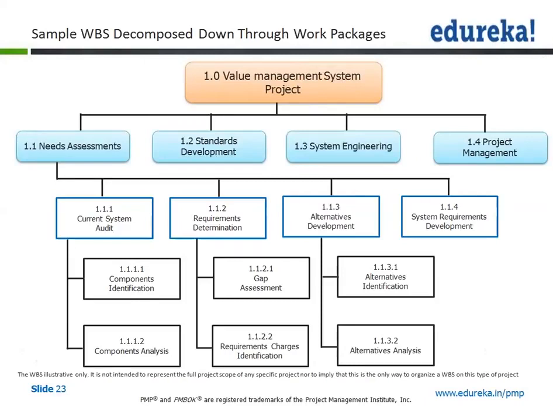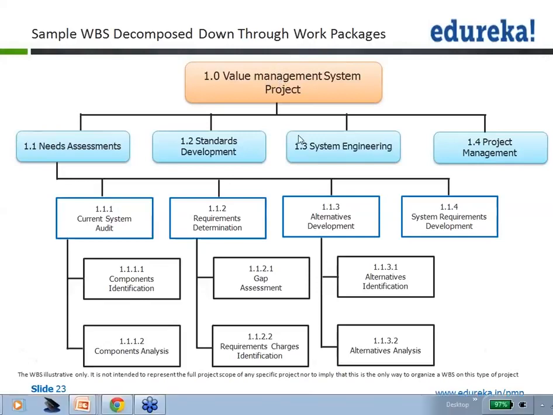Let us look at the sample work breakdown structure now. If you look from the top, you have a value management system project. Look at the areas which are in bluish background.